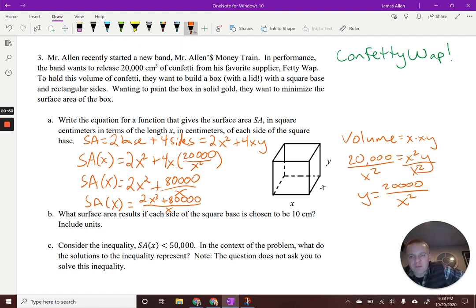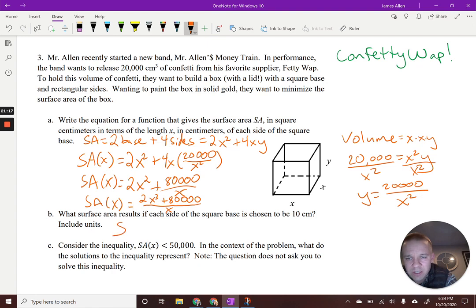Let's keep going. What surface area results if each side of the square base is chosen to be 10 centimeters? Well, you could go back to the drawing board here and do 10, 10, and then I've got to figure out what y is. Well, we just made a fantastic surface area function.